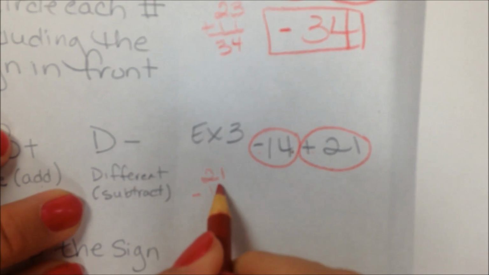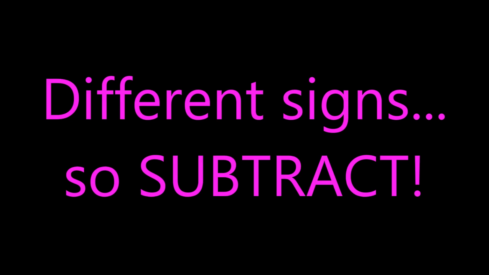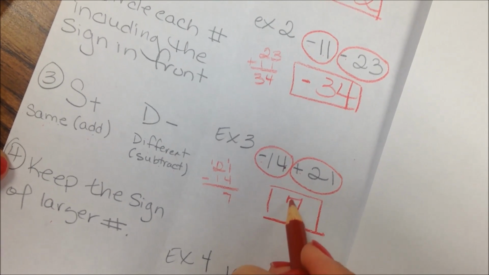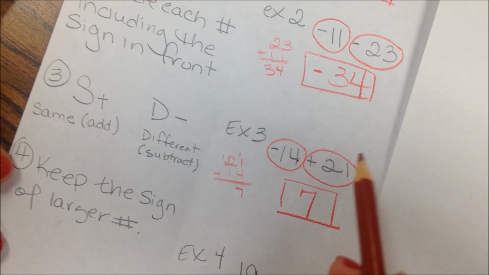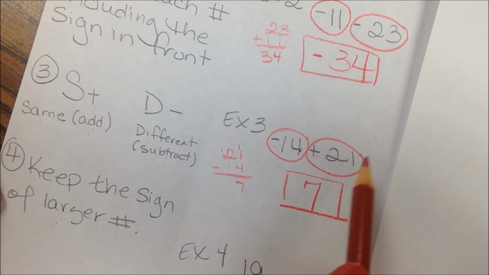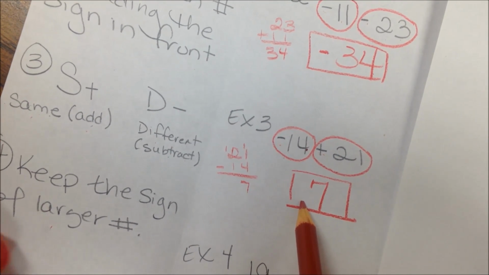So subtract just like I normally would, and your answer would come out to be 7. And then we're going to do step number 4, keep the sign of the larger number. So we know 21 is larger than 14, so it came out to be a positive 7.